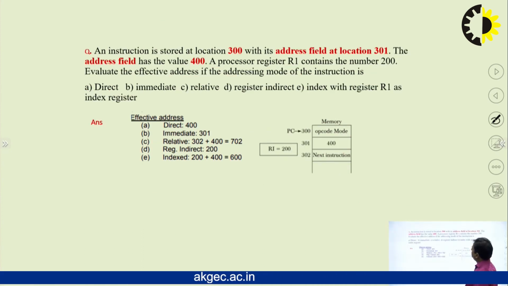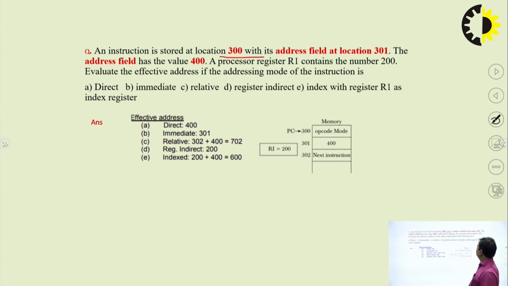Next example: an instruction is stored at location 300, and its address field is at location 301. So what is the size of this instruction?